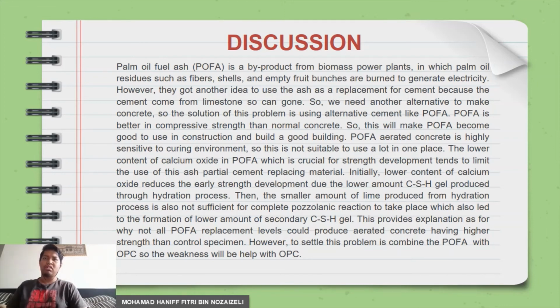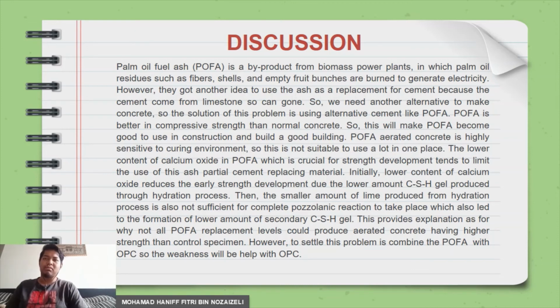The lower content of calcium oxide reduces early strength development due to the lower amount of calcium silicate hydrate gel produced through the hydration process. Then the smaller amount of lime produced from the hydration process is also not sufficient for a complete pozzolanic reaction to take place, which also leads to the formation of a lower amount of secondary C-S-H gel.